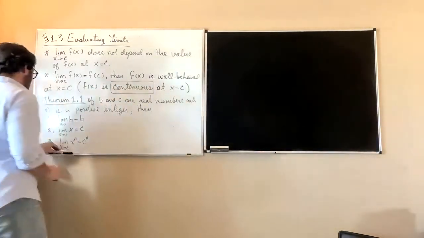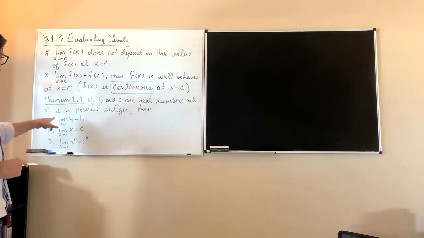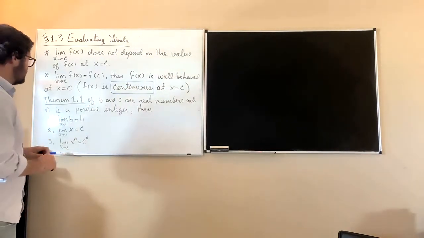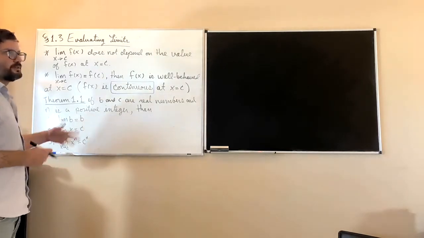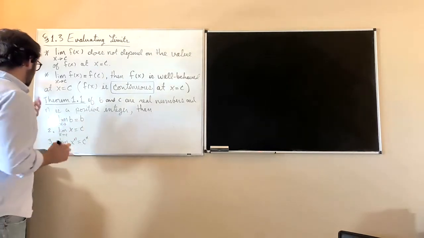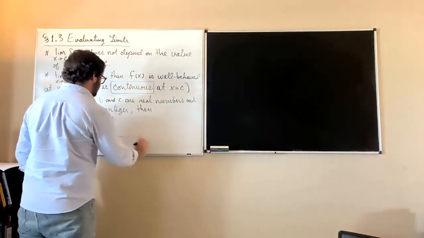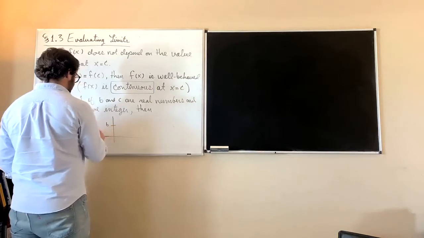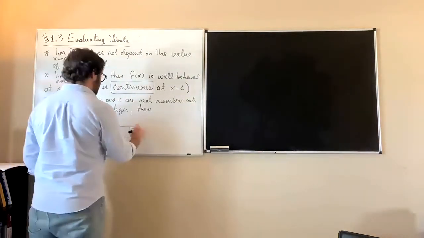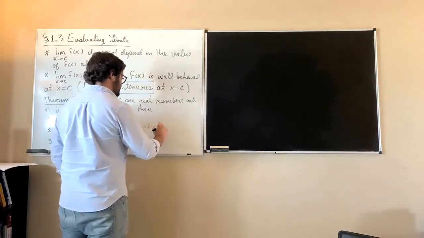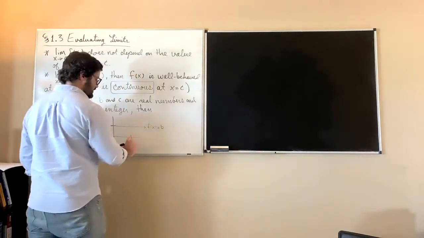So part one, the proof of that is kind of obvious. Again, if we were doing it formally, we would use an epsilon delta proof. But just thinking about it, for part one, if this is like b, then this is your function f of x equals b, and say c is right here.